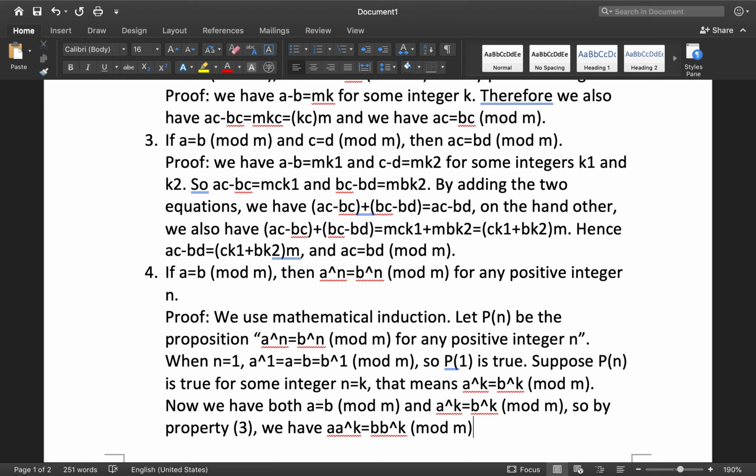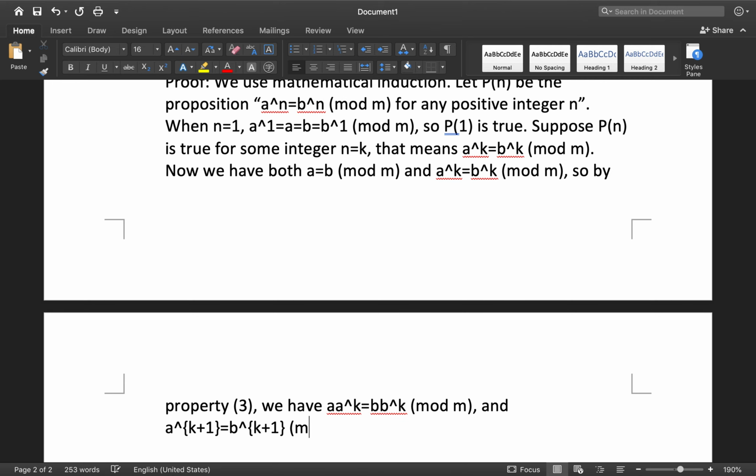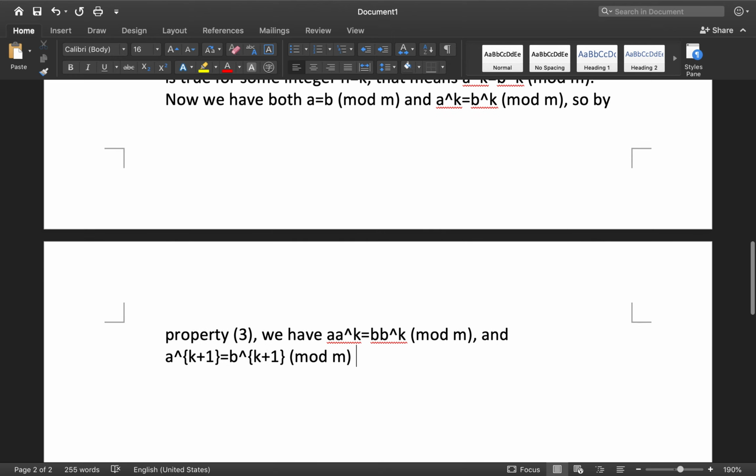Once you can identify those two numbers, it's a direct consequence of number 3. So now we have it. Because a times a to the power k is just a to the power k plus 1, and that is exactly equal to b to the power k plus 1 as well. It's nothing but the definition of index.